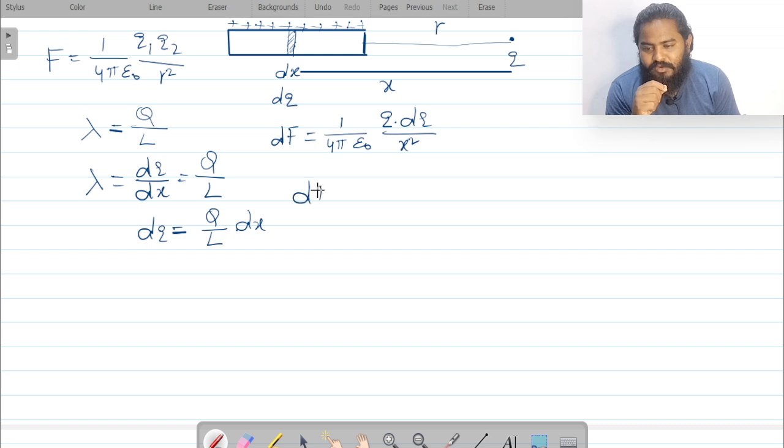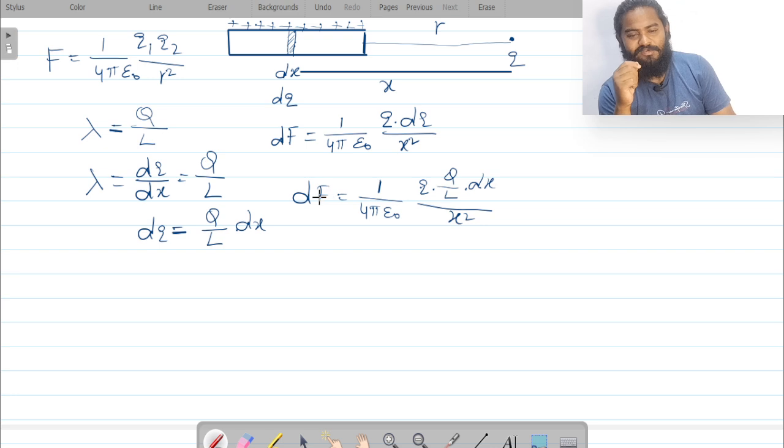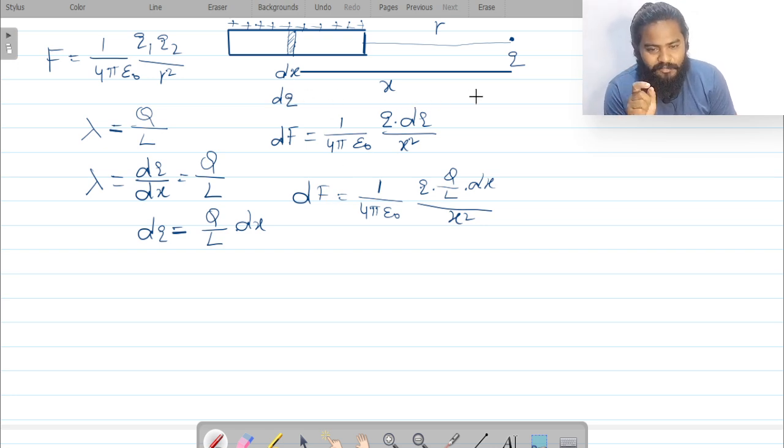I'll substitute this value in this equation. dF is equal to 1 by 4 pi epsilon naught q, and what is dq? Capital Q by L into dx, by x square. This is the equation for a small amount of force between dq and q. If I integrate this, then I'll get the total force, isn't it?